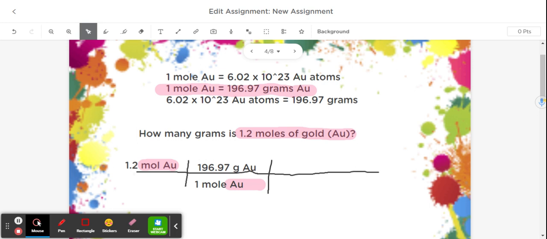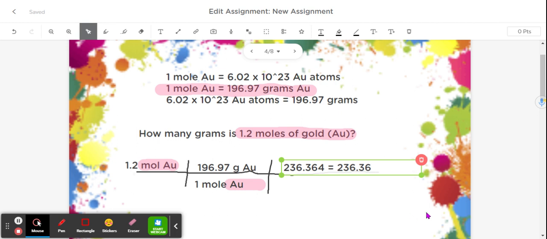And here's the number that I get: 236.364, which I'm going to round to 2 places after the decimal. So 236.36. Remember what my units are: grams of AU.